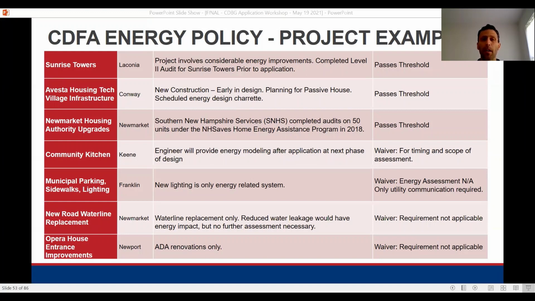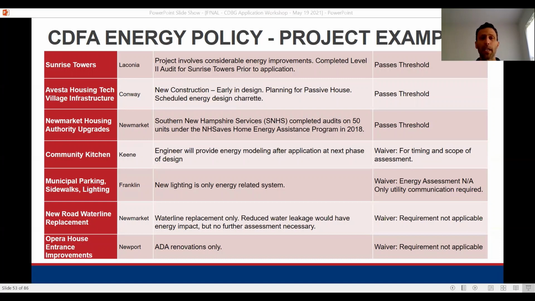They were planning to do a passive house, which is a very high level of construction from the energy perspective. So we scheduled an energy design charrette with them. They weren't necessarily required to do this because their architect could say they were going to the passive house standard, but they decided to do it anyway. And we're really glad that they did. Again, this passes the threshold.